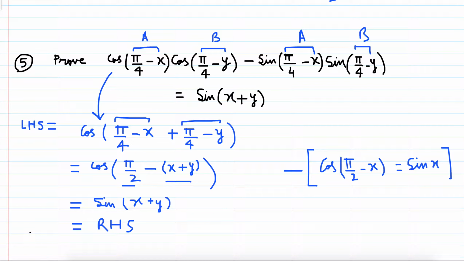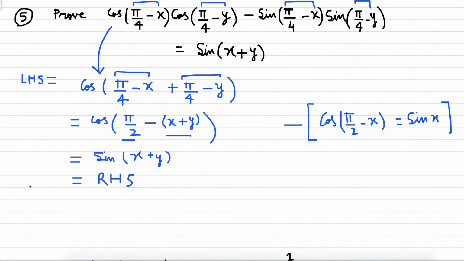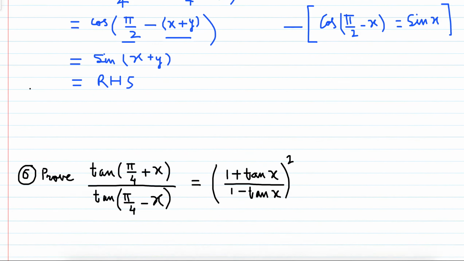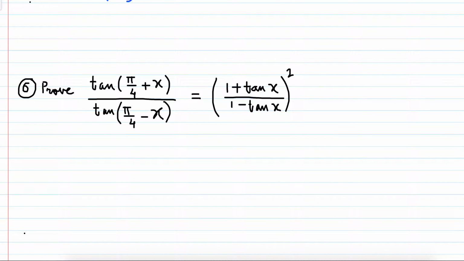Or you could write it as we had seen, or you can expand it in terms of cos A plus cos B or sin A plus sin B, the formula we had seen in the later part of the previous lecture. But I think this is probably the smallest proof that we can give. So now let's move to our next question.